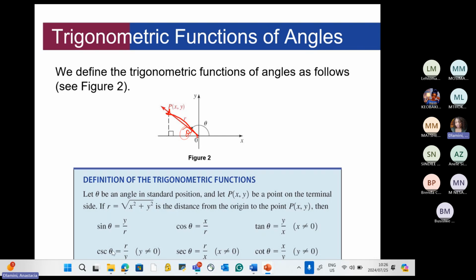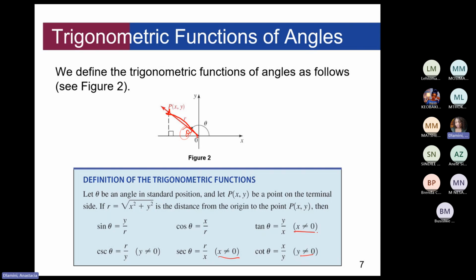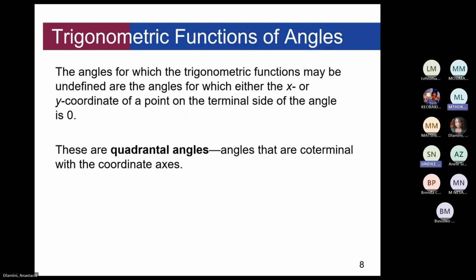And then cosec theta will be r over y, sec theta will be r over x, and cot theta will be x over y. Now take into consideration the restrictions: y is not equal to 0, x is not equal to 0, and so on. Are we all together? Yes or no?